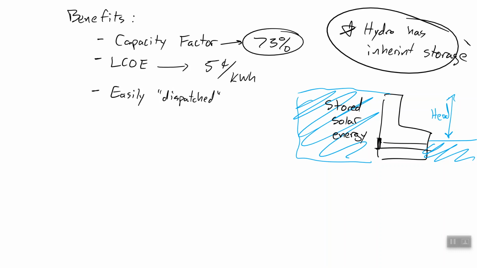Dispatched is the concept we were just talking about. Let's say the grid suddenly goes crazy. It's 5 o'clock. Everyone gets home. They're turning on Netflix. So they say, hey, we need a little bit more power. Well, all they got to do is open this gate a little bit more and you get more power. Compare this to a solar panel where the guy says, hey, we need more power. And the solar panels say, where's the sun? So, some great things about hydropower.